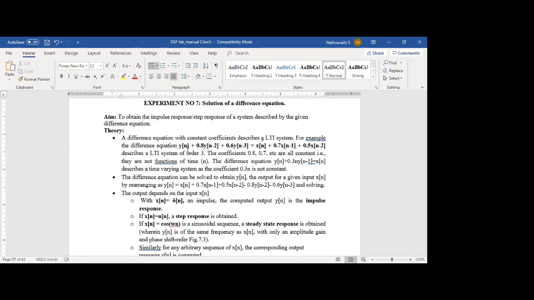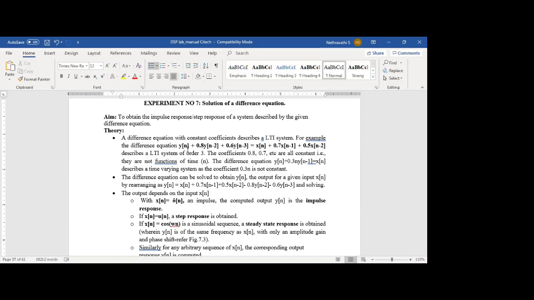Okay, so I am trying to get the output y of n itself. And to solve this difference equation, my output depends upon the input itself. The output depends upon what? The factor, that is the x of n itself.